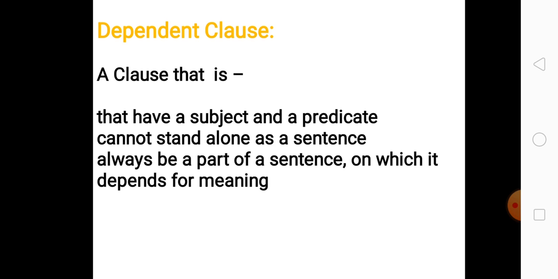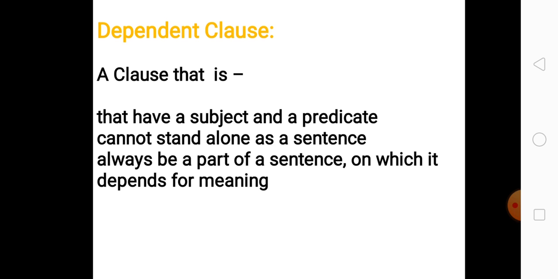The conjunctions we use are part of the dependent clause only. So dependent clauses always depend on the main clause. That means a sentence having a dependent clause must have an independent clause. Then only will the dependent clause complete its meaning.